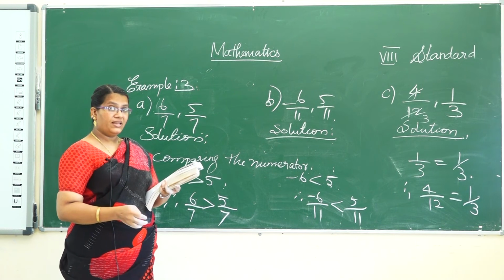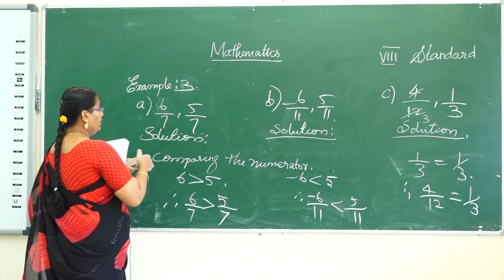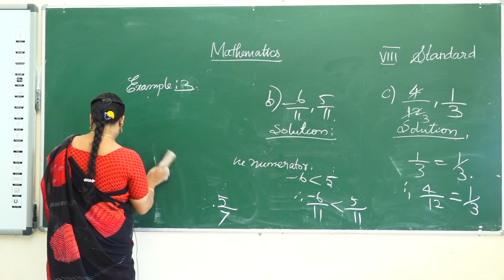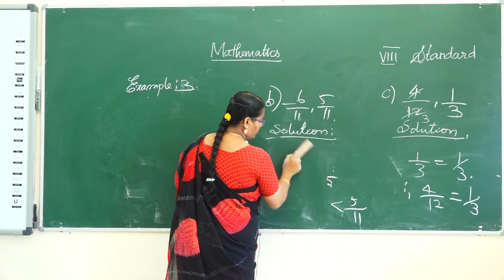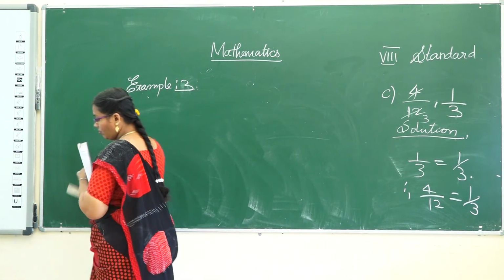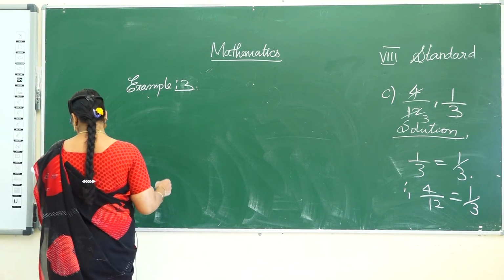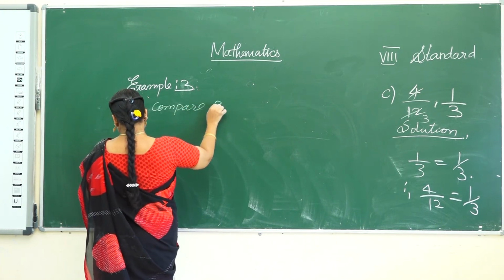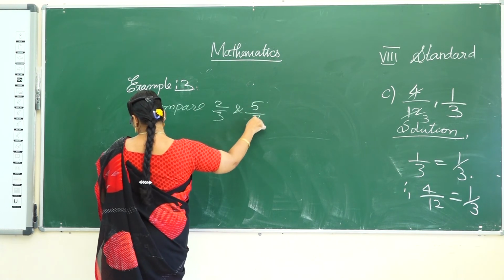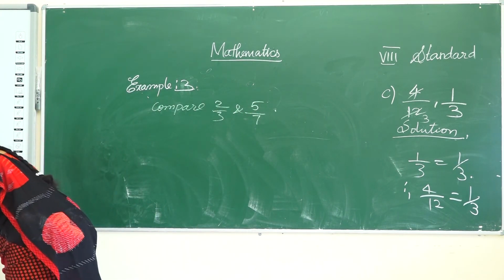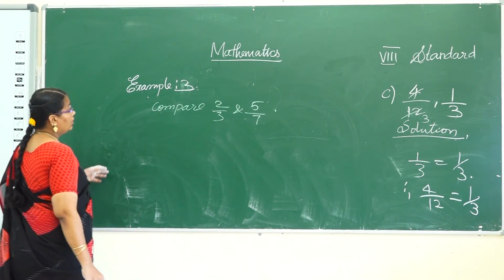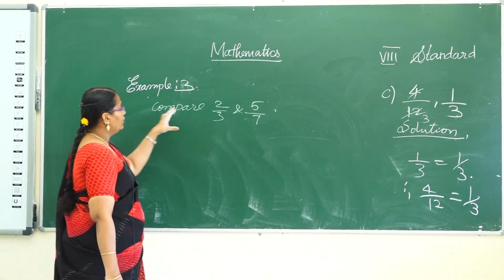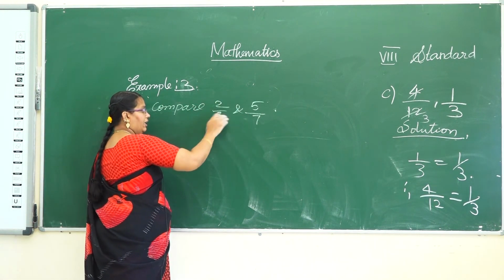Next one, example 3. Compare 2 by 3 and 5 by 7. Two different denominators and different numerators are given. Comparing 2 by 3 and 5 by 7, here the numerators vary and the denominators also vary.